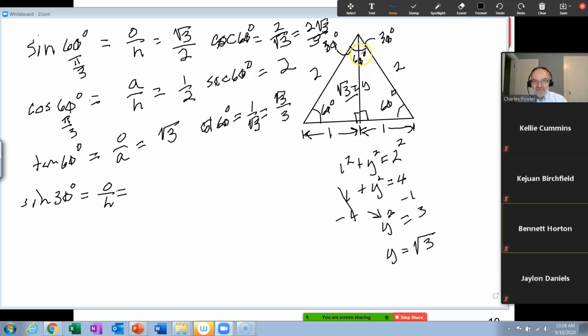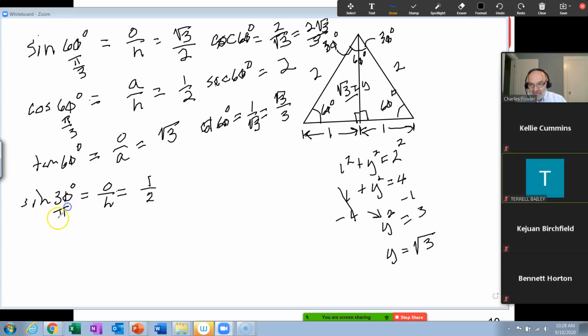What's its opposite side? Anybody? 30-degree angle up here, that's the 1. And what's its hypotenuse? 2. So it's 1/2. Now this also, by the way, is pi/6. 30 degrees is pi/6. Just so you get used to it.